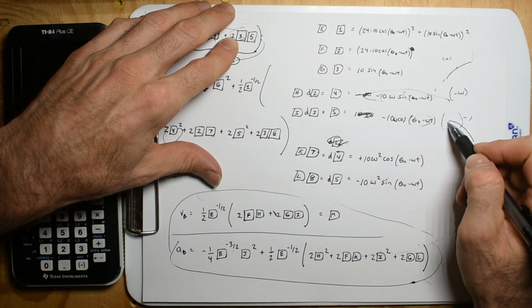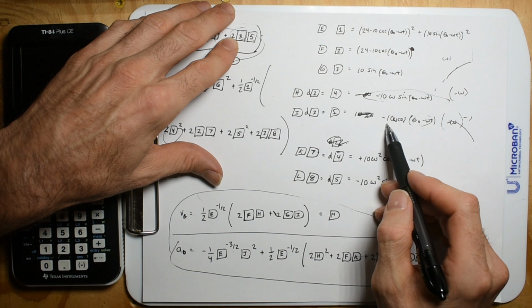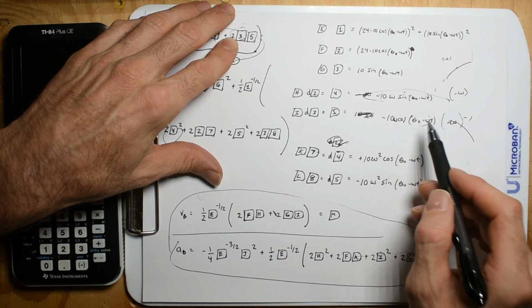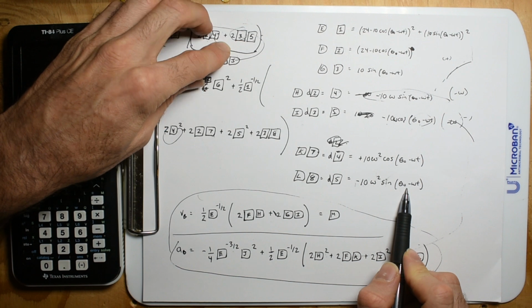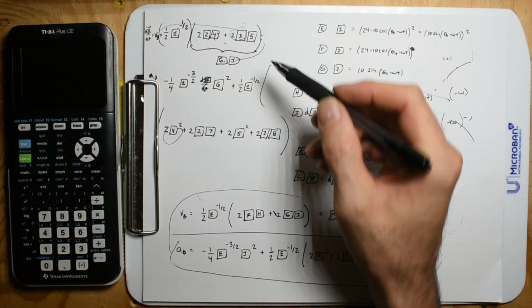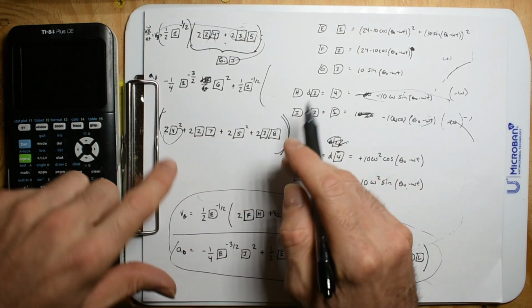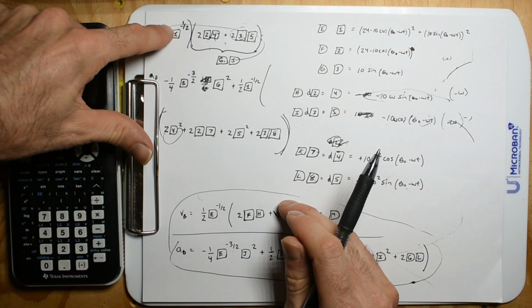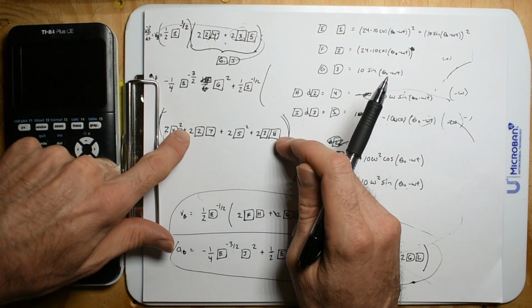But this becomes a negative omega. So we're going to have a negative 10 omega squared sine junk inside. All right, sweet. That's going to be number 8. So booyah. That was the first times the derivative of the second, and that's what we did.